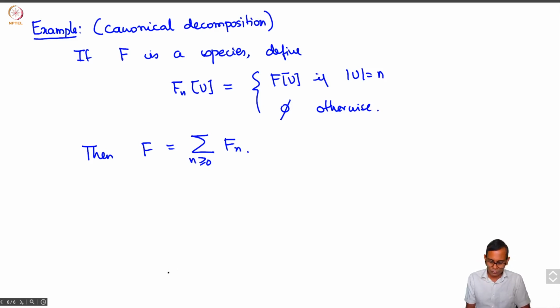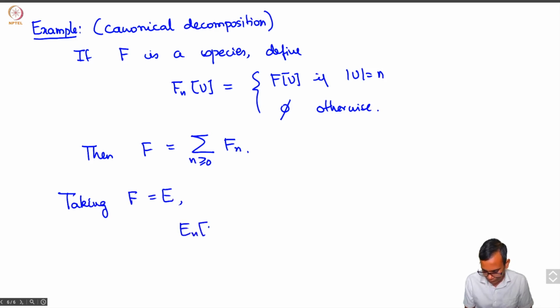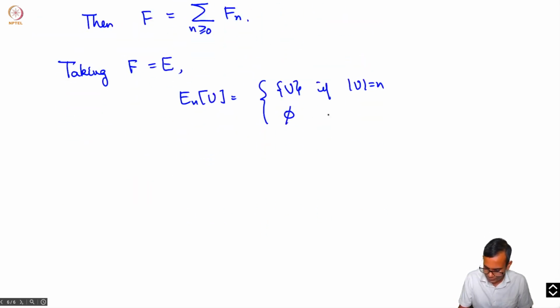Okay, and of course you see right away that the generating series will also be sums. Here's an example, taking F to be E. What we get is En u is just the singleton u if the cardinality of u is n and it is empty otherwise.